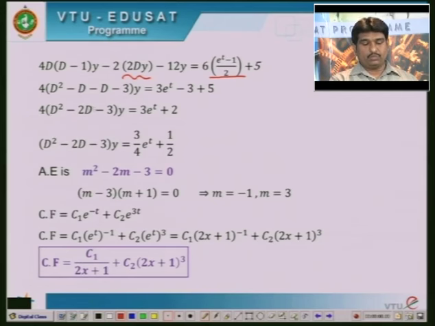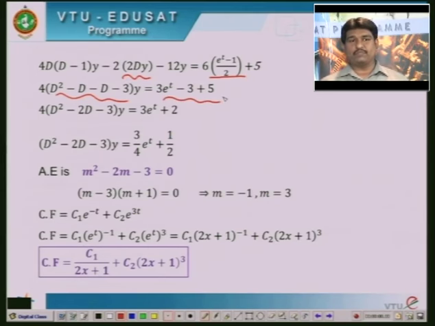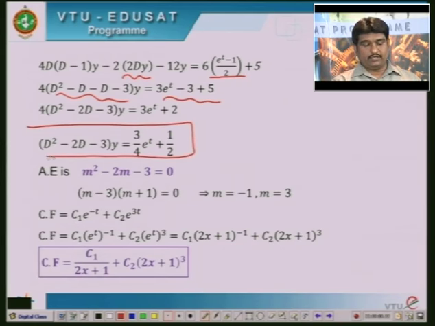Simplify this to get 4(D² − D − 3)y = 3e^t − 3 + 5. So after simplification, we get a differential equation with constant coefficients: (D² − 2D − 3)y = (3/4)e^t + 2/4, which is 1/2.